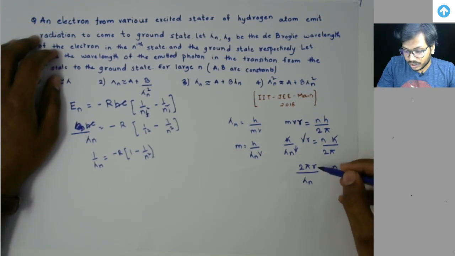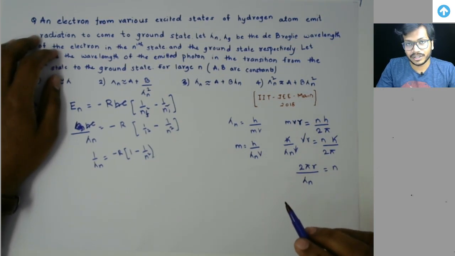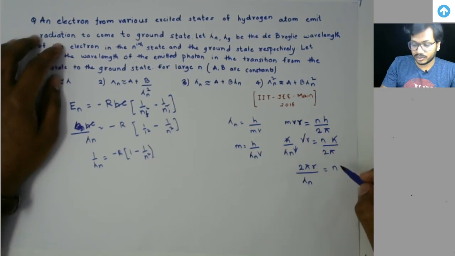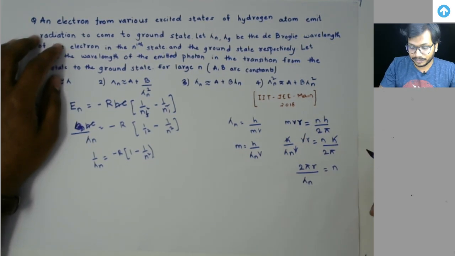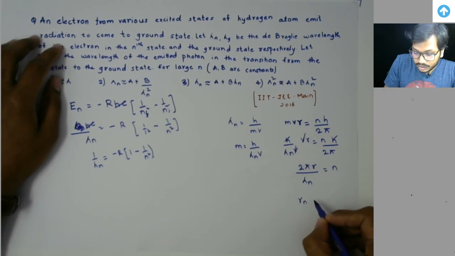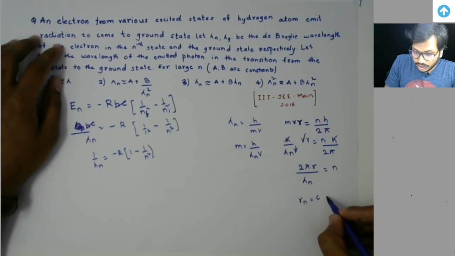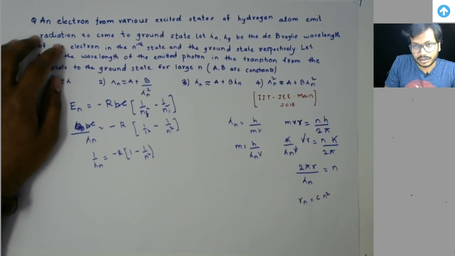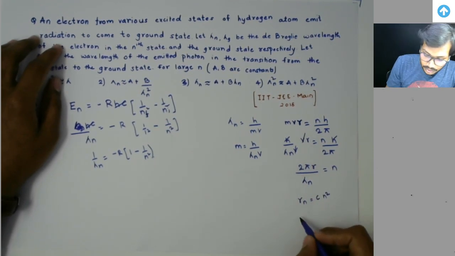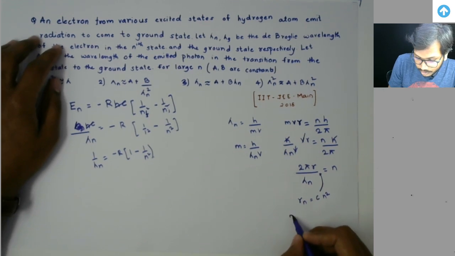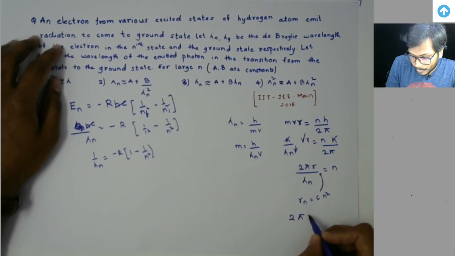So we need to either eliminate r or n. Do you remember in the beginning when we saw Bohr's theory, we related the radius of an orbital to its orbit number. So Rn is equal to some constant that we found out earlier, let's call it c, into n squared, correct? So I'm going to substitute r here, which gives me 2 pi c n square divided by lambda n is equal to n.